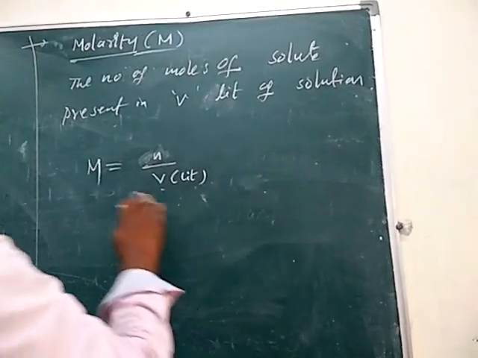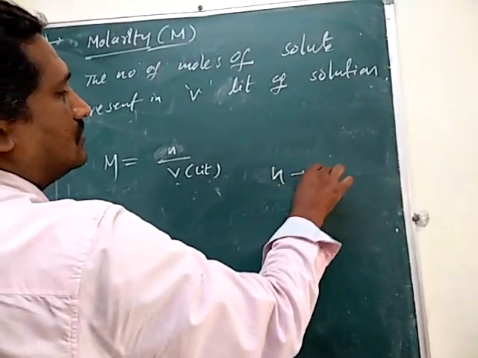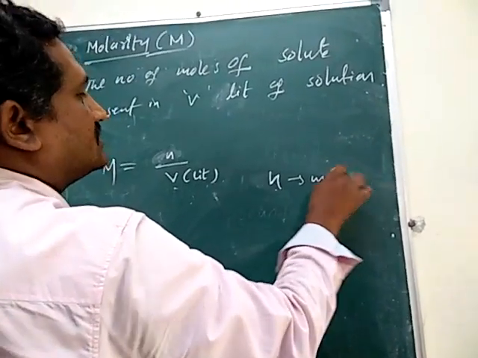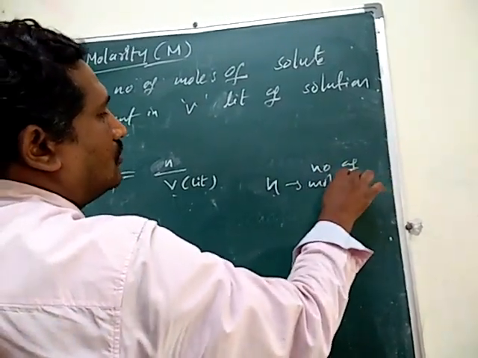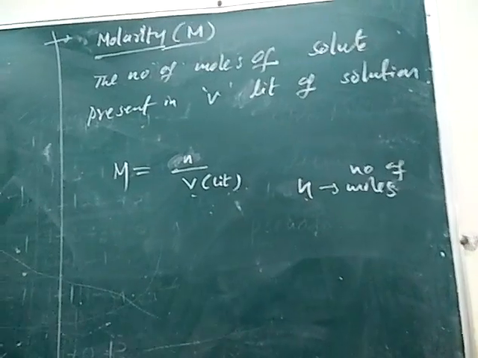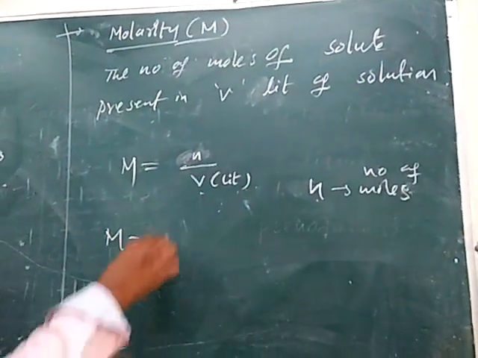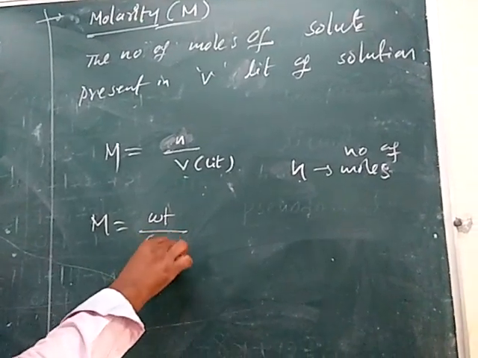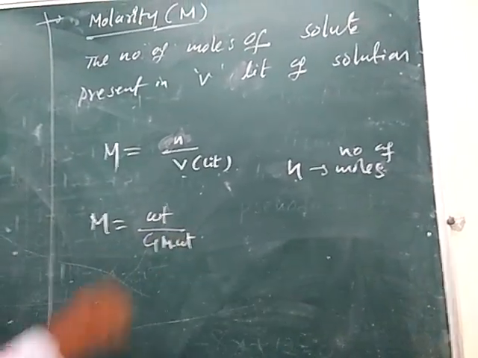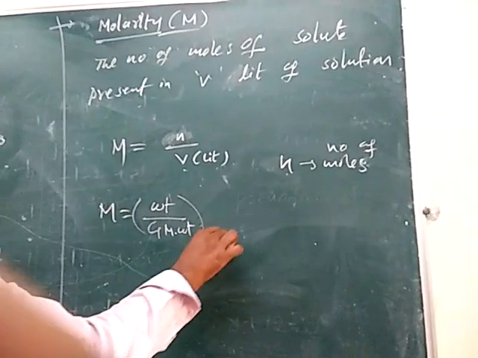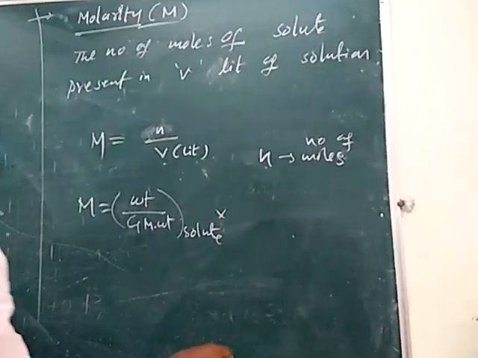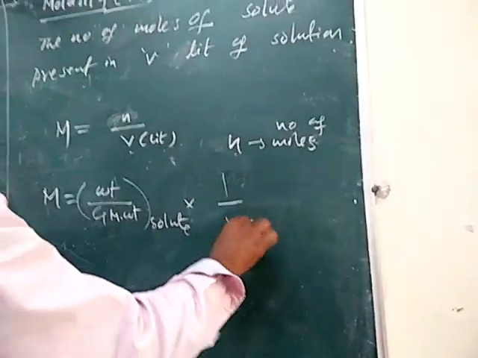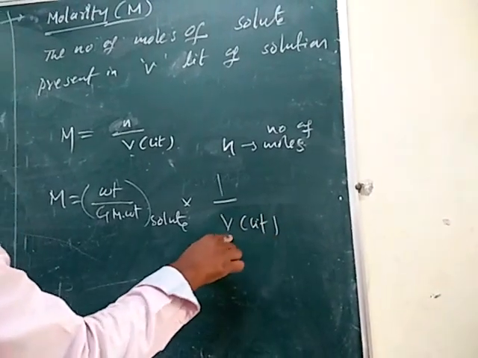Now N, the number of moles, equals weight by gram molecular weight of solute, into 1 by V liters, where V means volume of solvent.